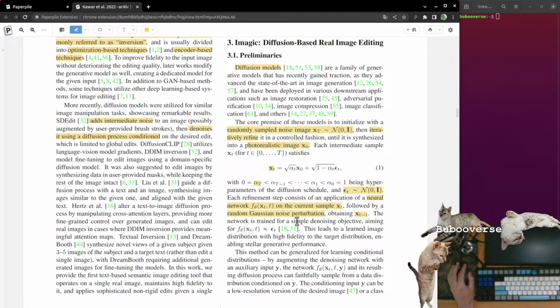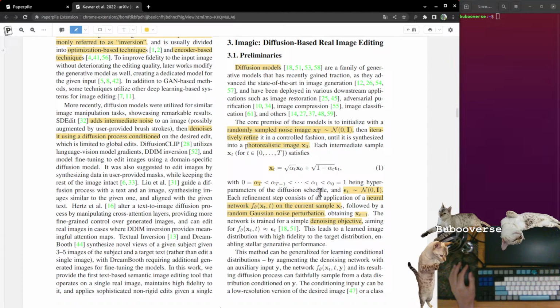It's trained for a denoising objective. So what the network wants to do is take away the noise from each step, right?